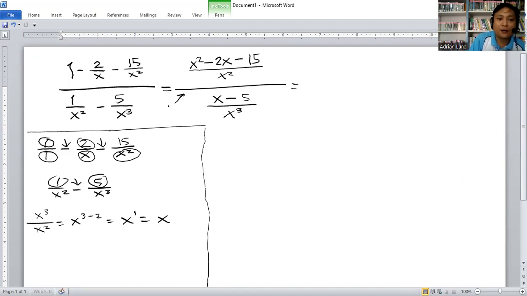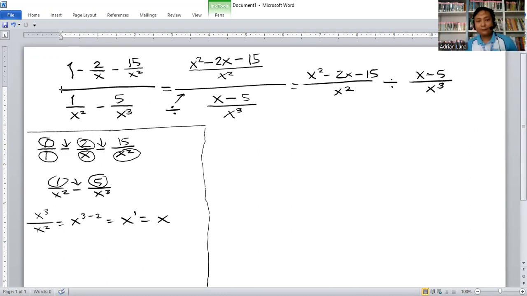Ngayon, rewrite na natin to. This main fraction bar will be our division operator. Sulat natin: x squared minus 2x minus 15 all over x squared, divided by x minus 5 all over x cubed.